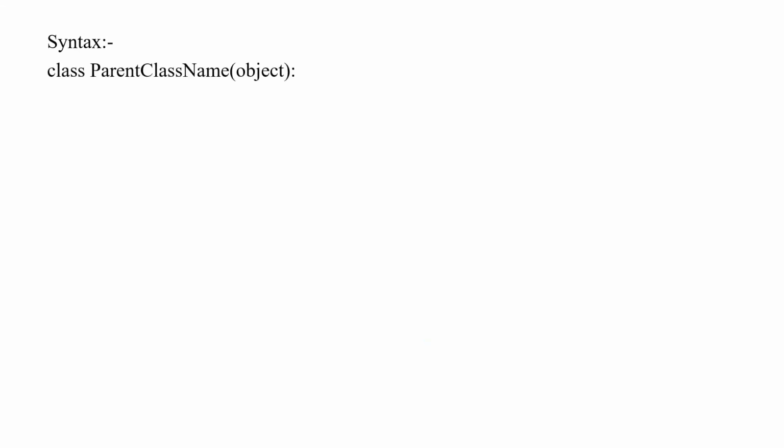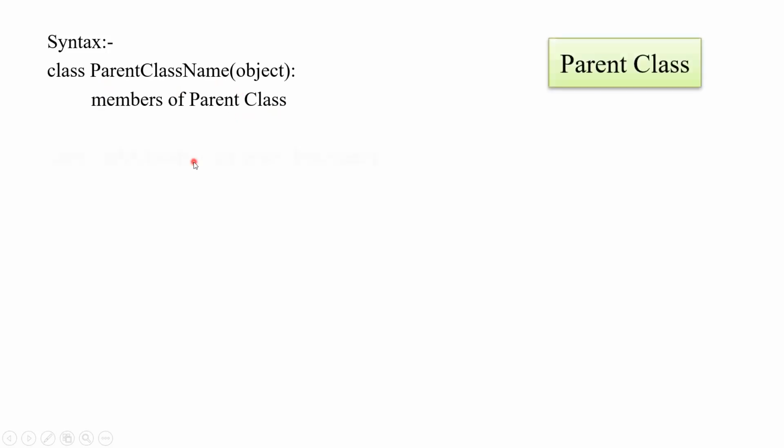We have a parent class here. In the parent class, you write the methods or members of the parent class, like variables and attributes. Then there is the child class.